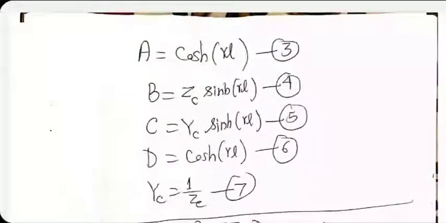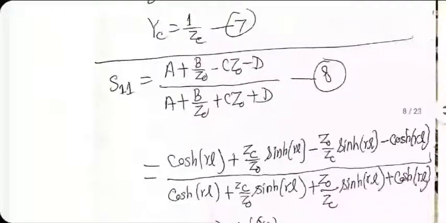Then I substitute the formulas, and here I was able to verify my results against published data, and they tallied. So S11 is A plus B divided by Z0 minus C Z0 minus D, and divided by the summation of the 4 terms.